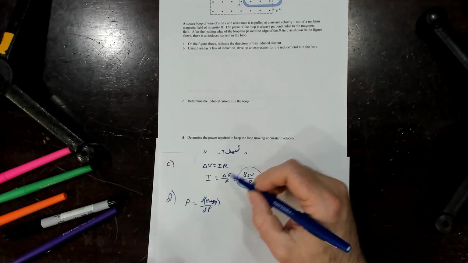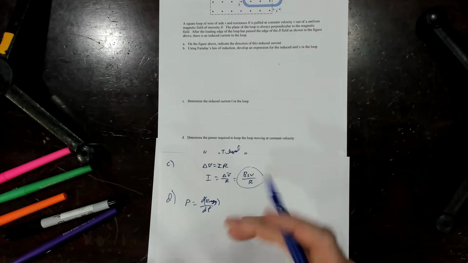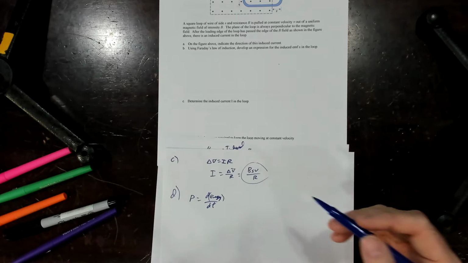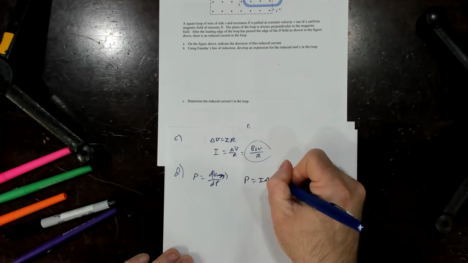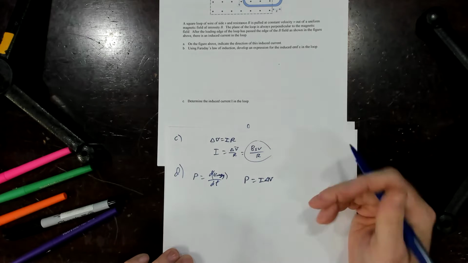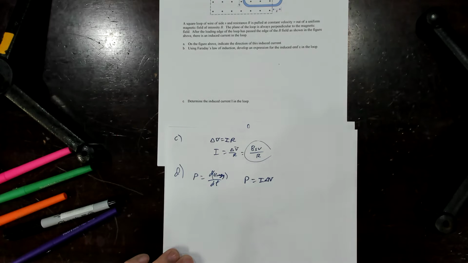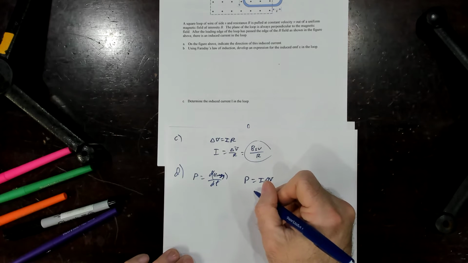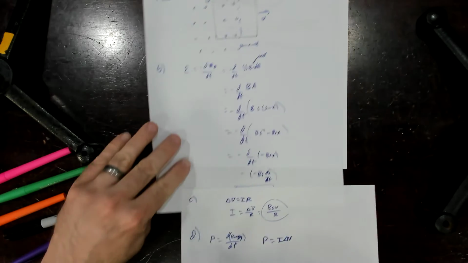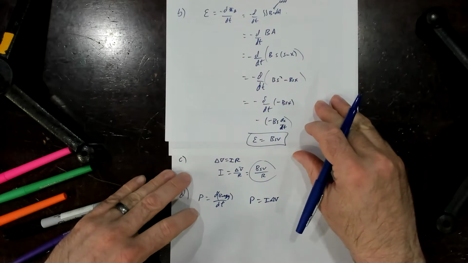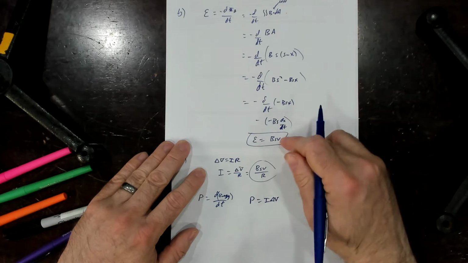And that energy that I'm giving the charges, where is it going? Well, that resistance is burning it off, turning into heat. We have a formula for that: current times voltage. That's the rate at which a resistor converts energy to heat, or we're taking energy out of a battery or whatever. So I'm just going to do the current times the voltage. The current we just calculated, and the voltage is that induced EMF we calculated.